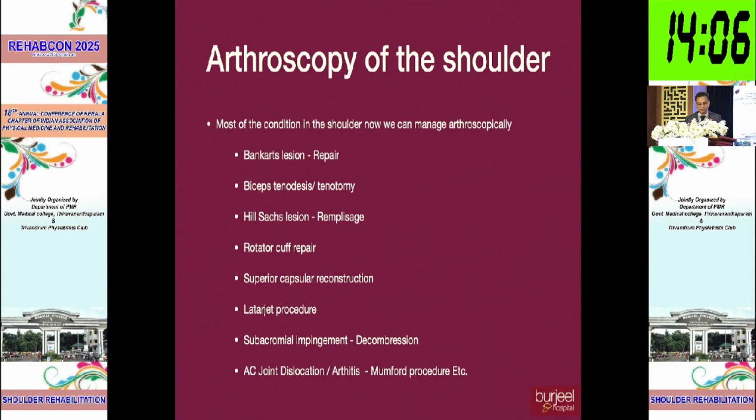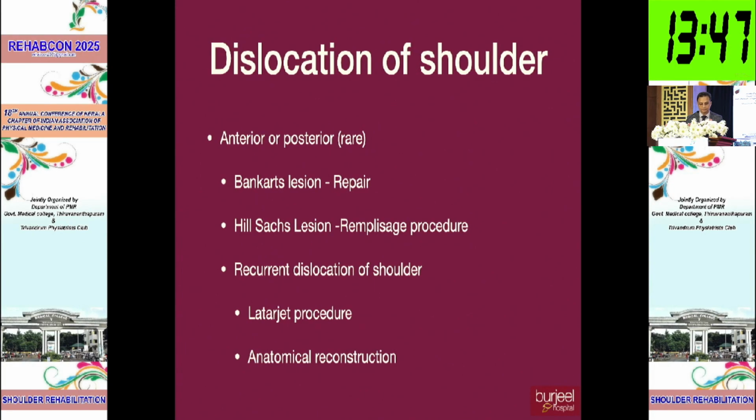Rotator cuff repair, now almost 80% of cases, is done arthroscopically. Superior capsular reconstruction, Latarjet procedure, and for subacromial impingement we do acromioplasty and decompression. For AC joint dislocation or arthritis, we manage arthritis by lateral clavicle excision, the Mumford procedure.